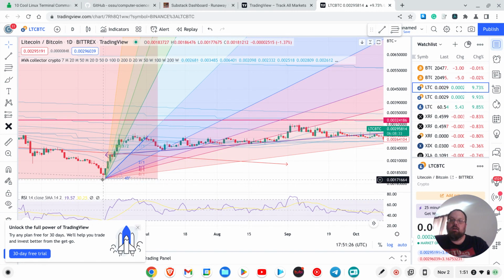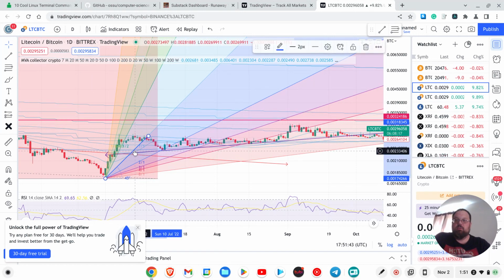It rocketed off this bottom resistance level for this Fibonacci, and it came up and got tangled up into its moving averages, all these little blue lines here. Now, this is the 45-degree angle. This is the 45-degree angle line off of the one-to-one line for the Gann fan.